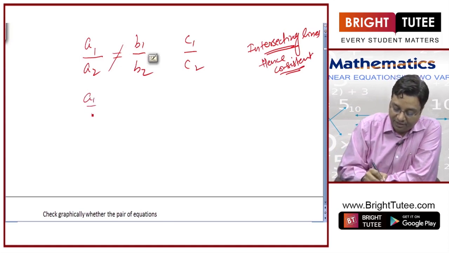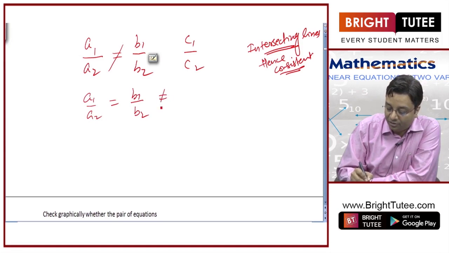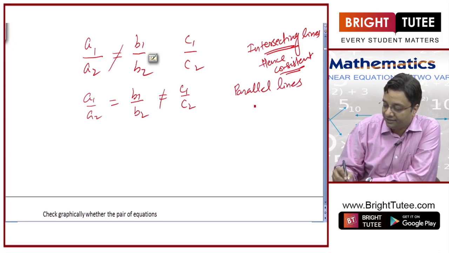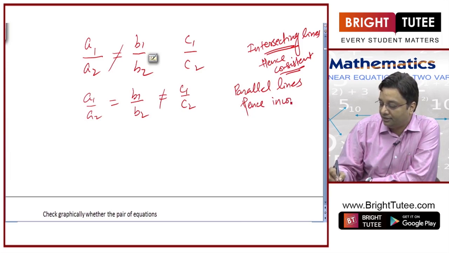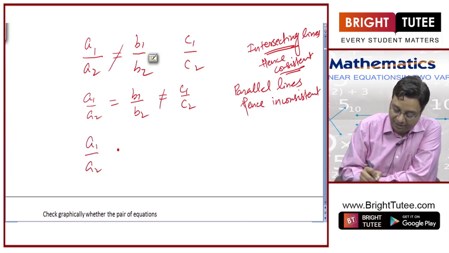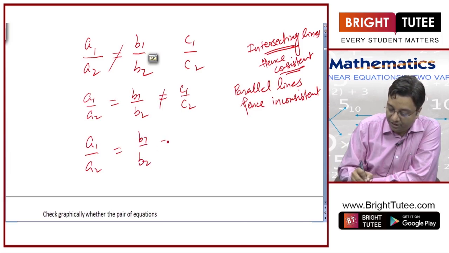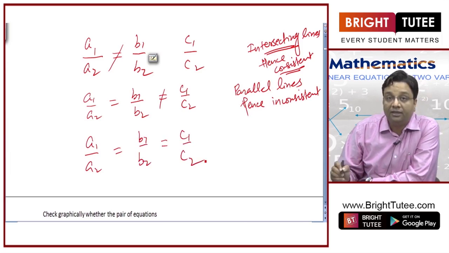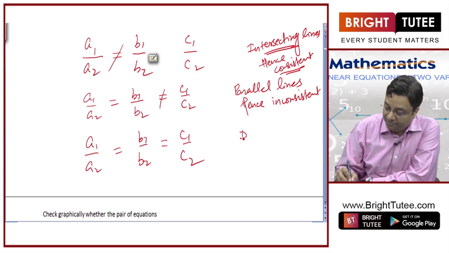If a1 by a2 is equal to b1 by b2, and it is not equal to c1 by c2, these are parallel lines, hence no solution and inconsistent. And if a1 by a2 is equal to b1 by b2 is equal to c1 by c2, then these are dependent lines or coincident lines.